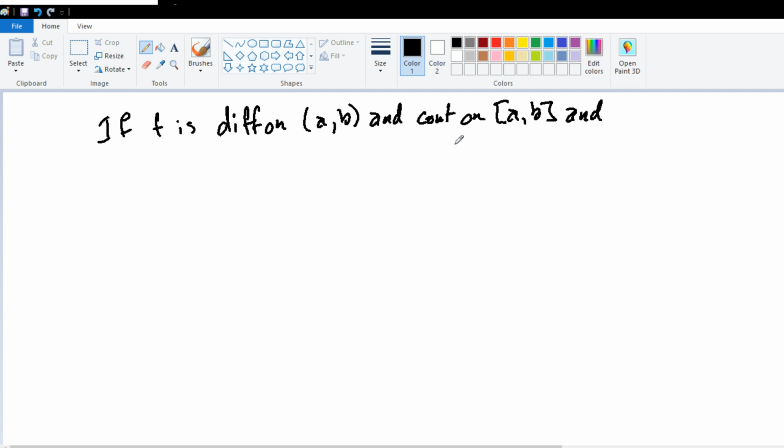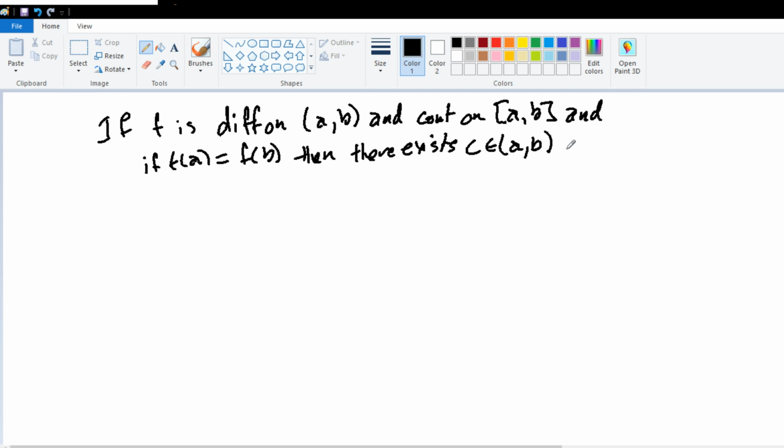And our last hypothesis is if f of a equals f of b, then there exists c in between a and b, so this is in the interval a to b, such that f prime of c is equal to 0.